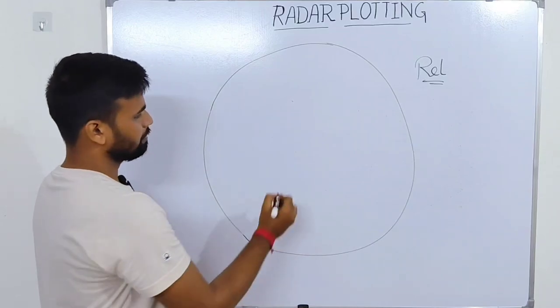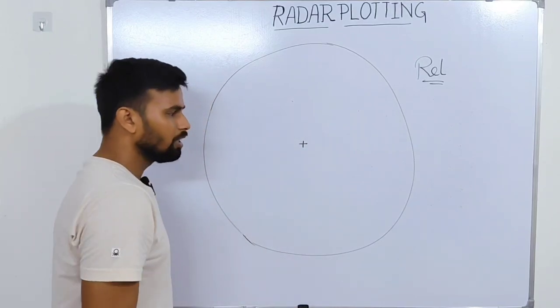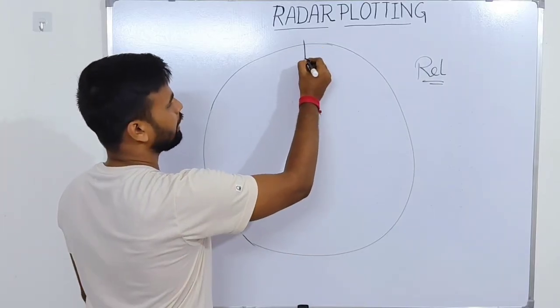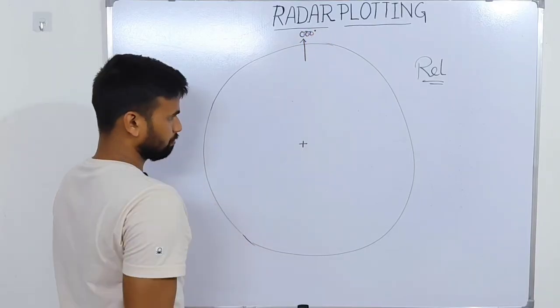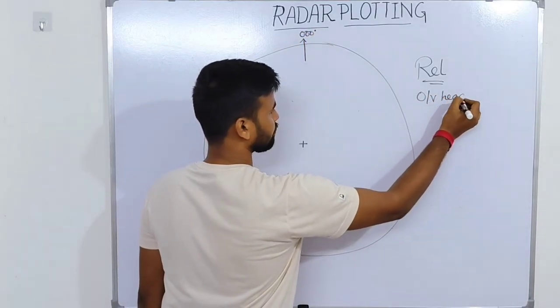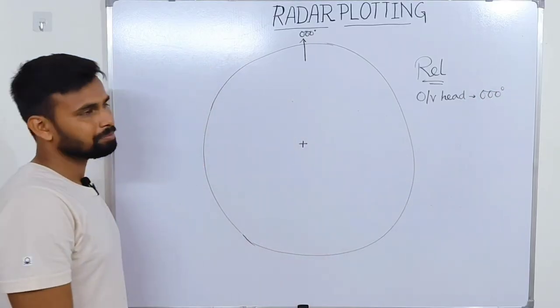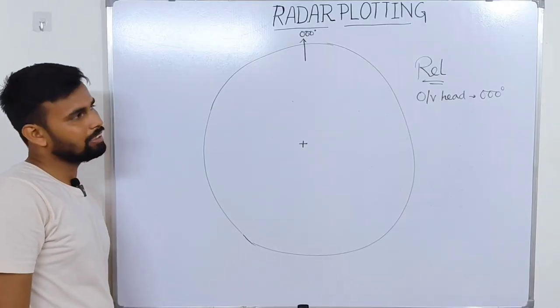So in that case our position is fixed at the center. This is our position, and let's take the heading over here 000. So own vessel heading 000 degrees. Okay, and we sighted an object or a target vessel.